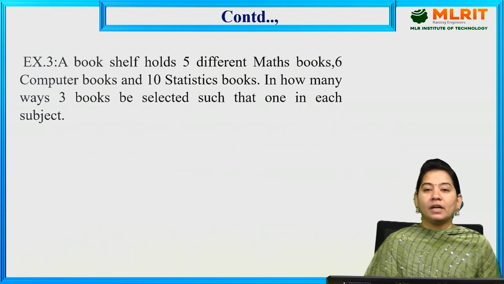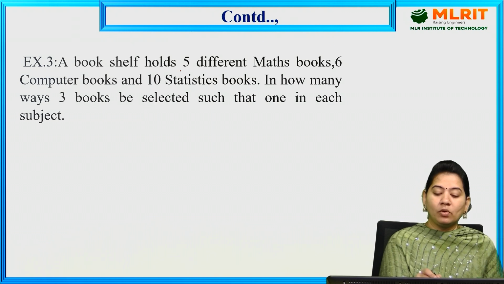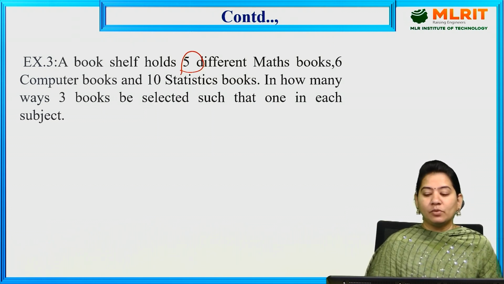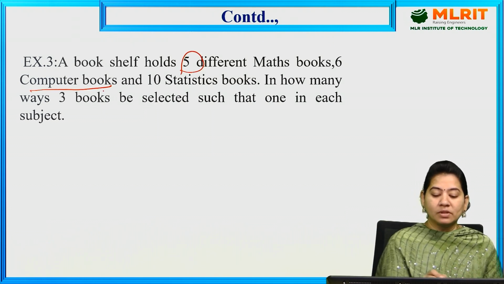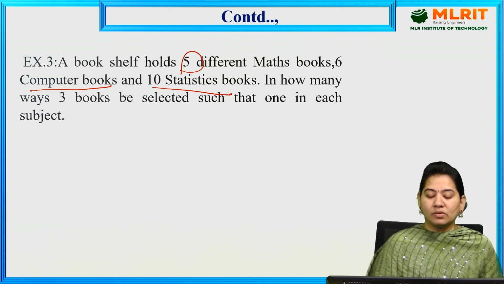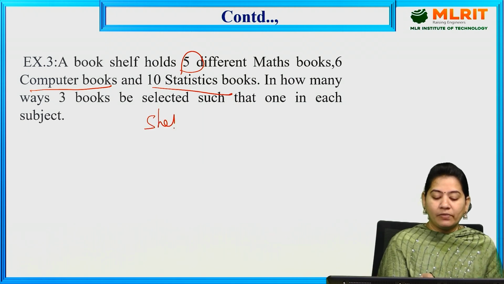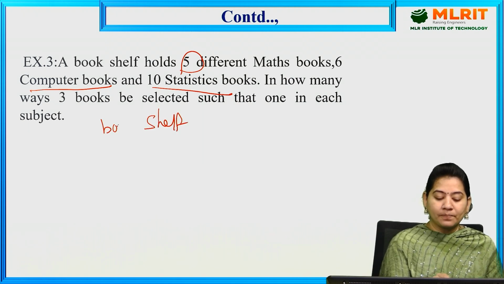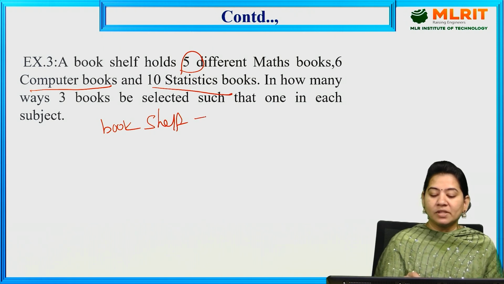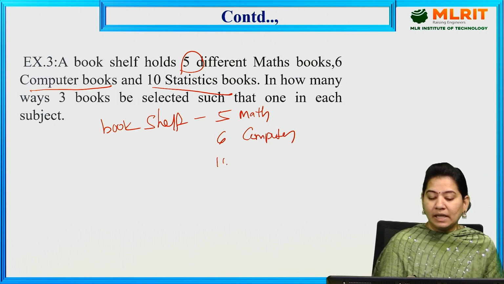Next, third question. A bookshelf holds 5 different maths books, 6 computer books and 10 statistics books. So let us suppose we have a bookshelf which includes 5 math books, 6 computer books and 10 statistics books.